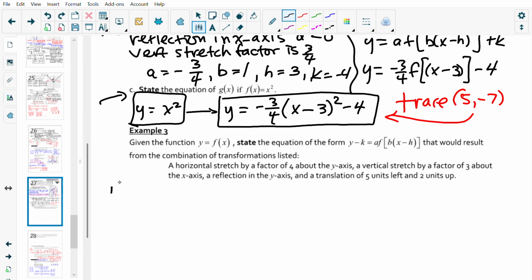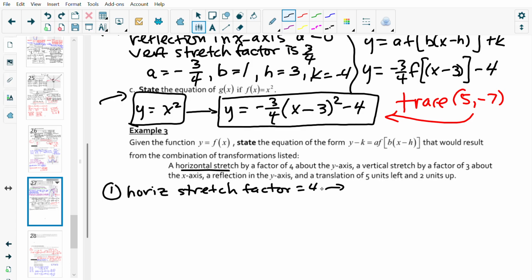Number 1, I have a horizontal stretch by a factor of 4. Horizontal stretch factor equal to 4. What does that mean?